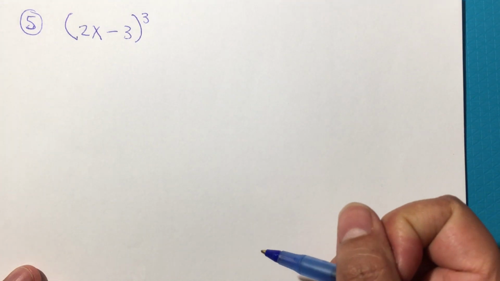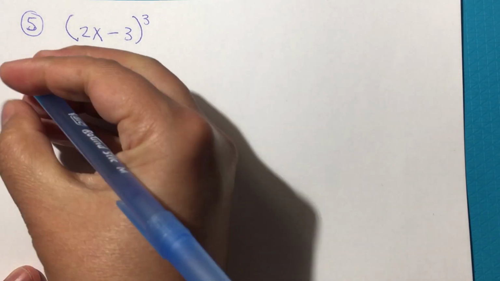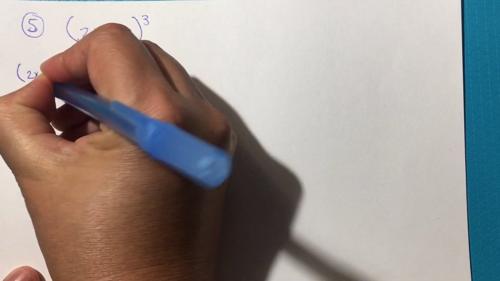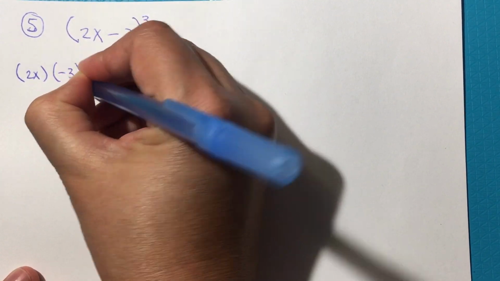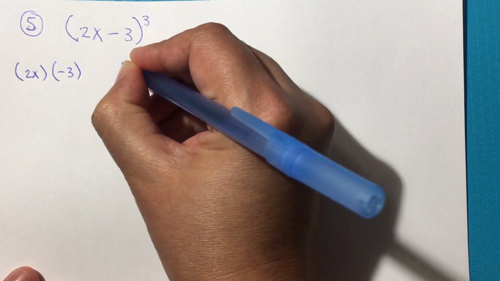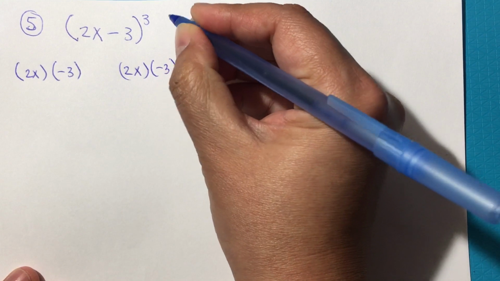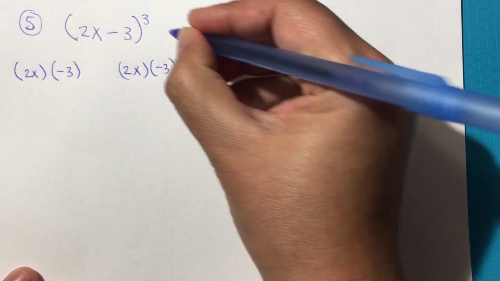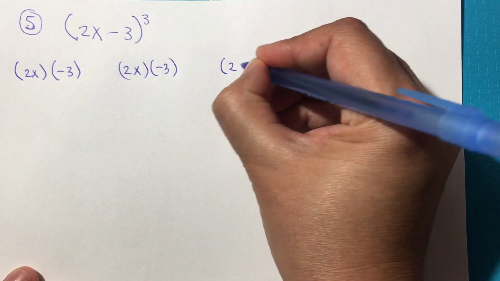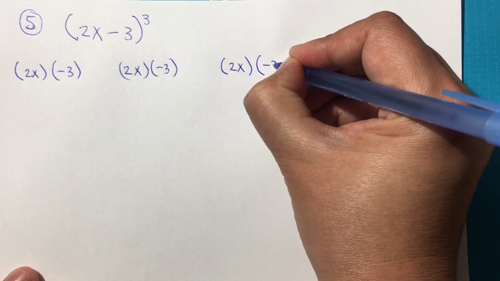Okay, since we have been practicing, let's do it a little faster. 2x times negative 3. How many times? We're going to write it 4 times. If there is a 3 as an exponent, we write it 4 times.